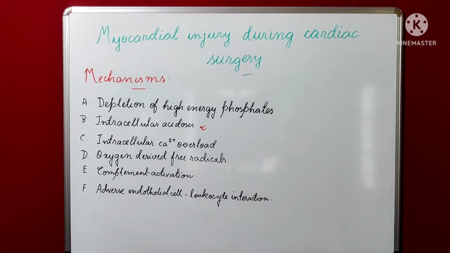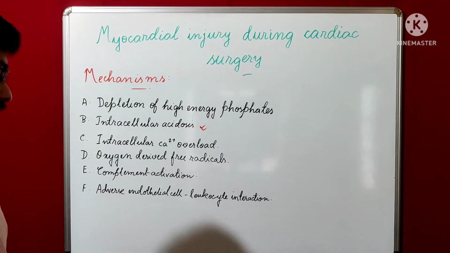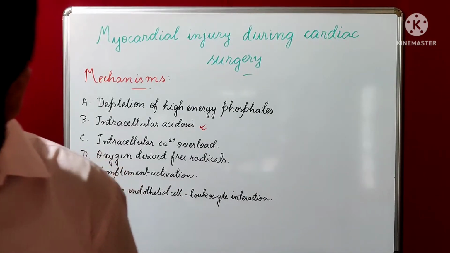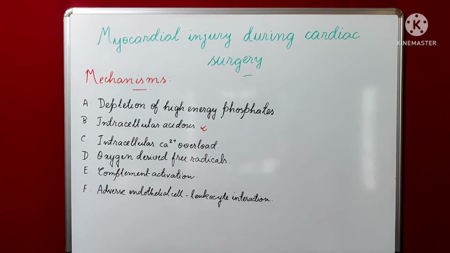As I said, as a part of ischemia and reperfusion injury, leukocytes are activated in the circulation. As I already said, due to ischemia and reperfusion, circulating leukocytes are activated.